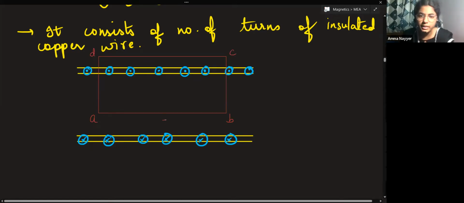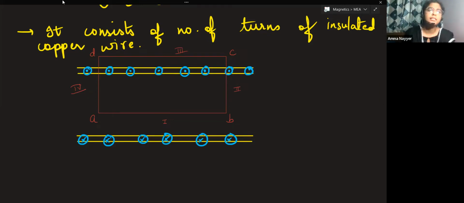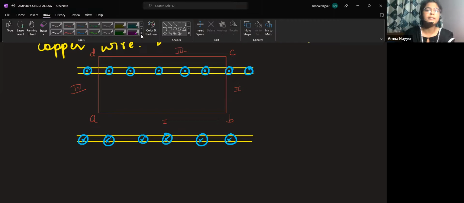This is the Amperian loop I have chosen. Now this has been divided into 4 segments: 1, 2, 3, and the 4th one. So basically this is the same solenoid, it's just drawn this way diagrammatically, because in the previous one it's difficult to analyze. Now the calculation part.